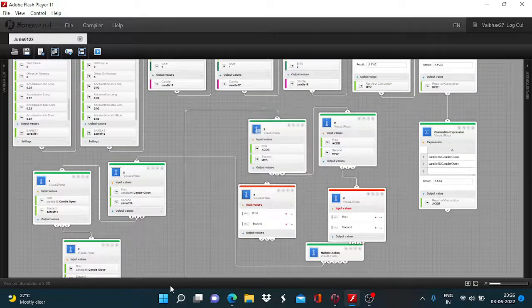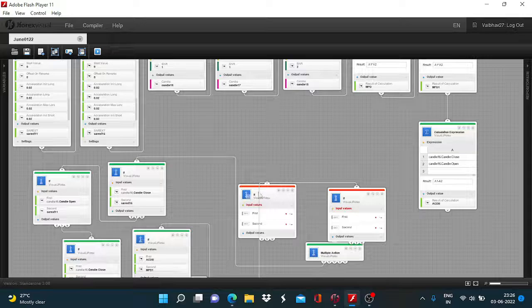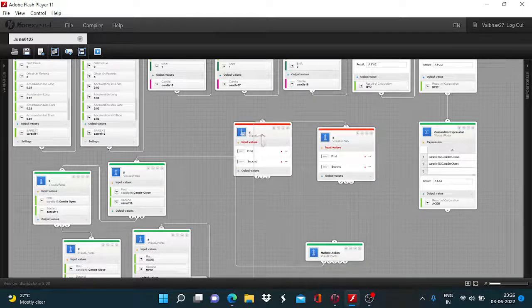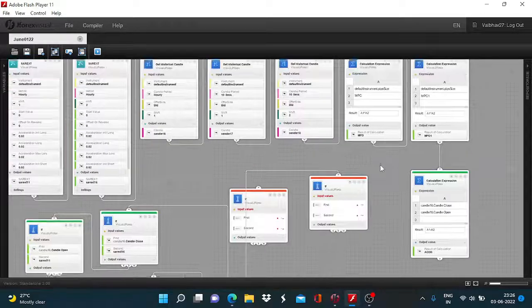So with these conditions defined, all we have to do is place the order as and when price starts moving above the last hourly candle close.